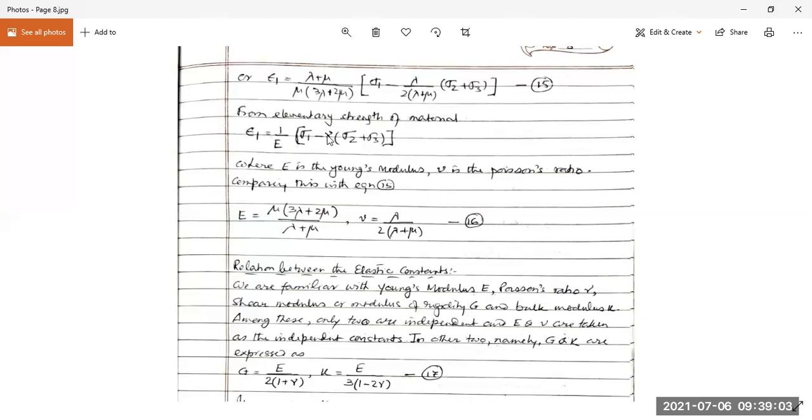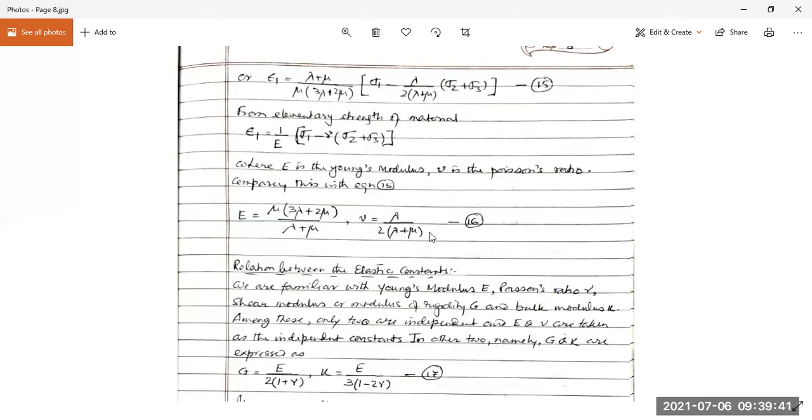And this lambda divided by 2 into lambda plus mu is similar to gamma, because we have sigma 1, sigma 2 plus sigma 3 matching here and here. So E is just the reverse of this fraction, mu into 3 lambda plus 2 mu divided by lambda plus mu, and gamma is equal to lambda divided by 2 into lambda plus mu.